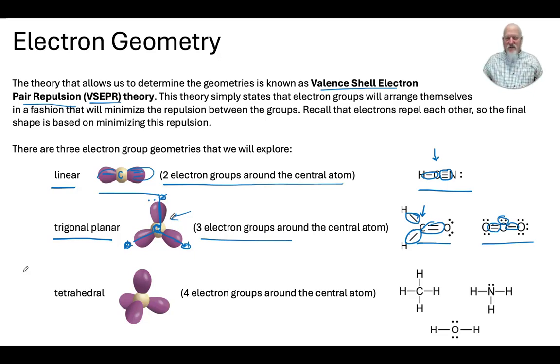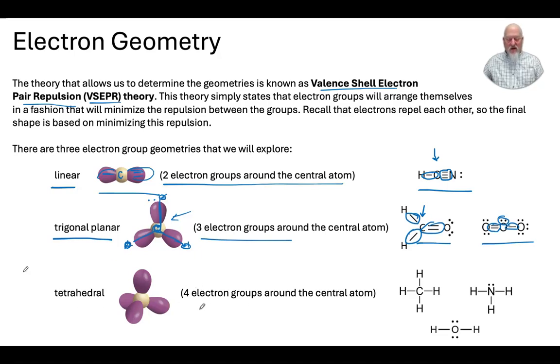The lone pair is still a pair of electrons that's repelling and repelled by each of the electrons in the bonds. So again, I've got 3 total electron groups, except now I've got 2 bonding groups and 1 lone pair, a non-bonding electron group. And it takes the electron geometry of trigonal planar. So anytime you've got 3 electron groups, it's trigonal planar.